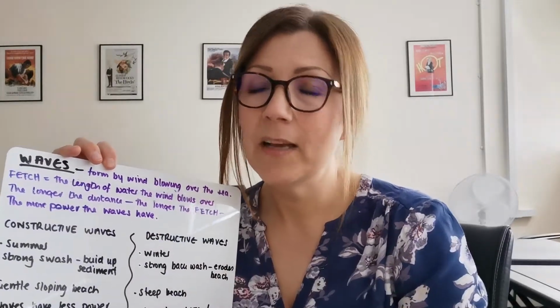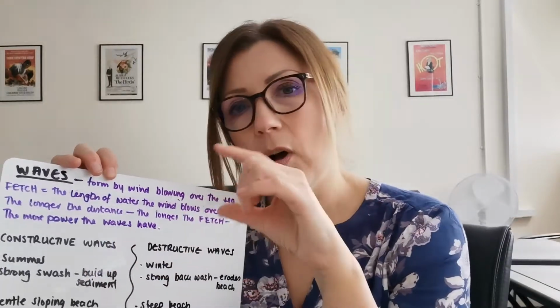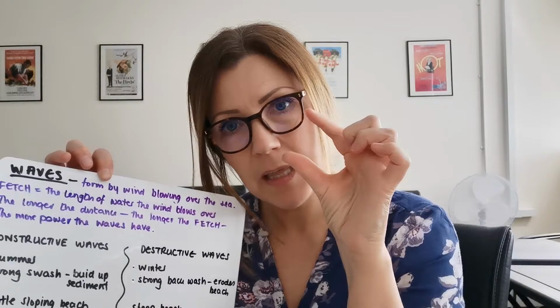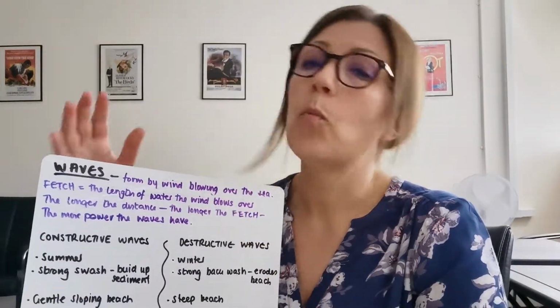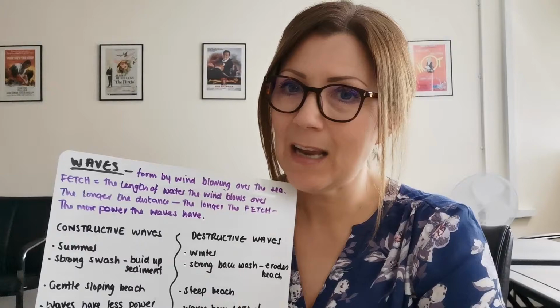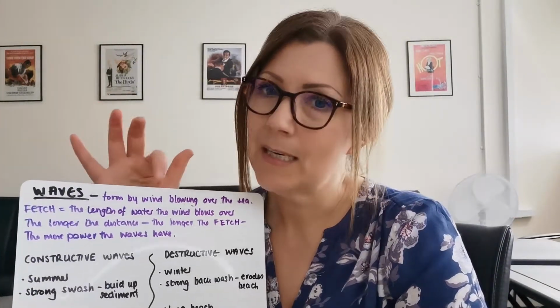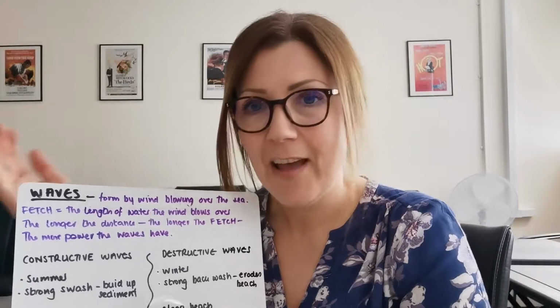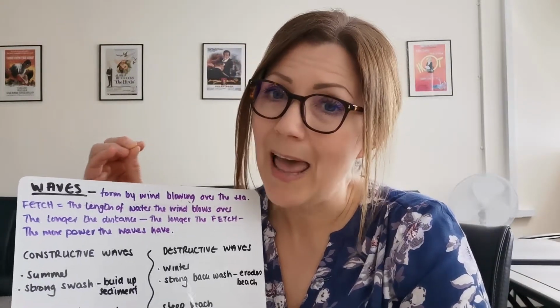So any wind that is blowing from south to north, as it does sometimes, will only have a small distance to build those waves up. So the fetch is much smaller, and the amount of energy that those waves have got will be less.